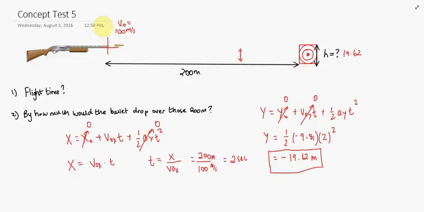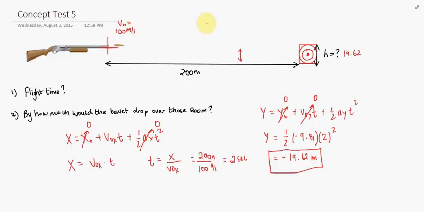Because if I'm just going to shoot at this level angle, that's how much it's going to drop by. And if my height is not adequately adjusted, it would probably hit the ground before it hits the target. Okay, so those are things that you need to take into consideration.